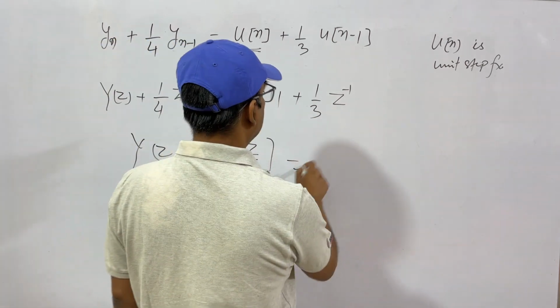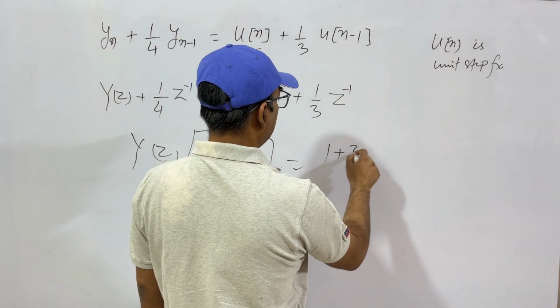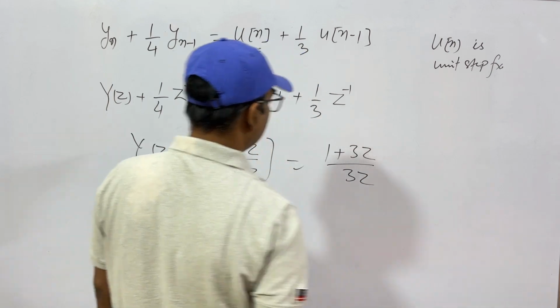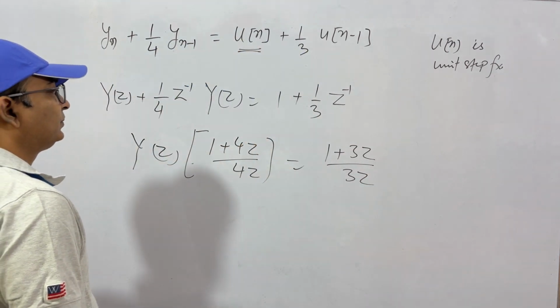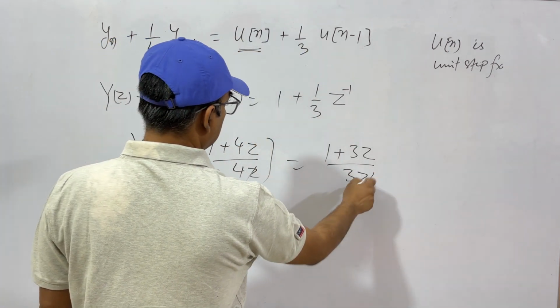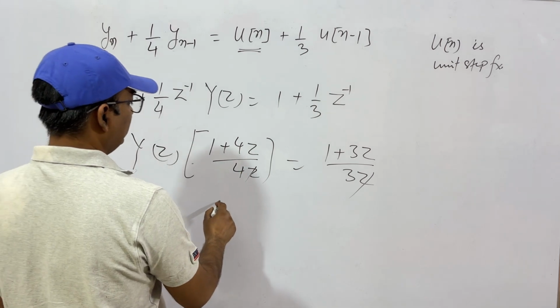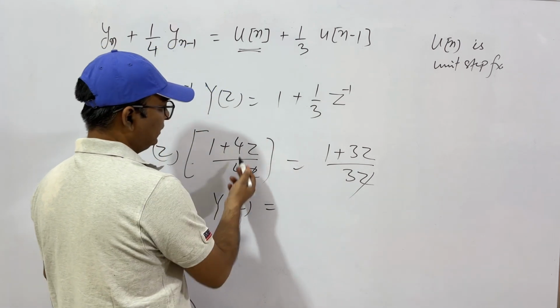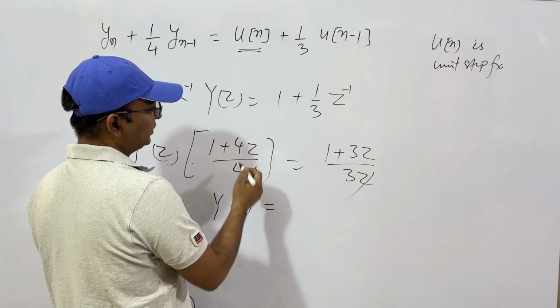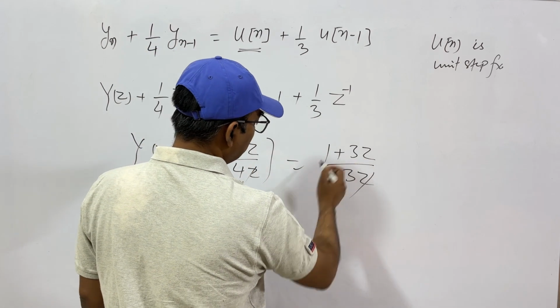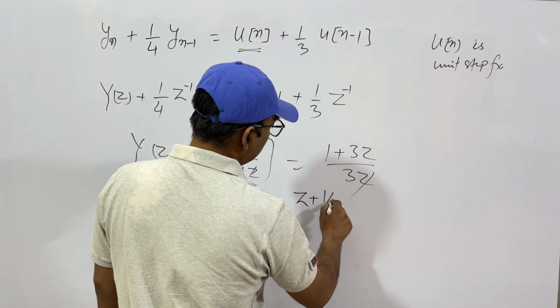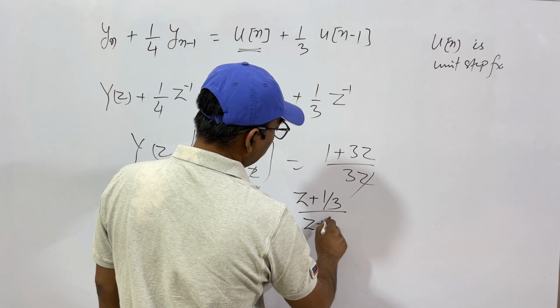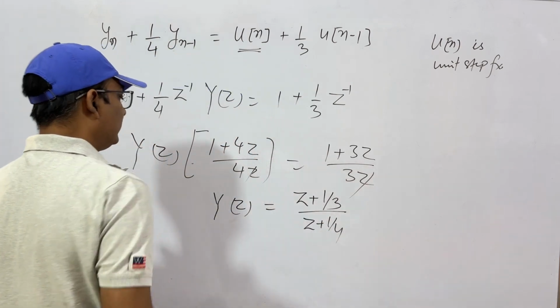And this is 1 by 3z, so 1 plus 3z by 3z. Clear? So what we get is z cancels. We can write Y(z) as z plus 1/3 over z plus 1/4. So this is our Y(z).